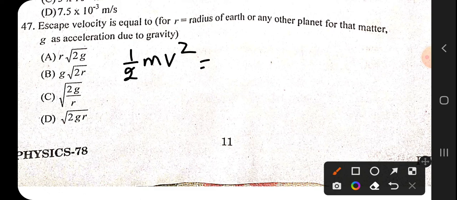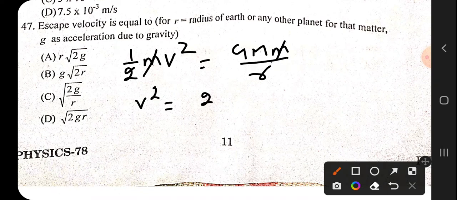What is the value of gravitational potential energy? The value is G capital M small m divided by r. So m cancels, and v squared equals 2 G M divided by r.